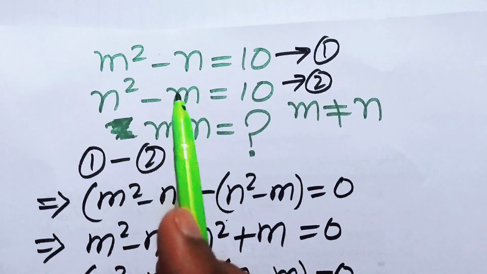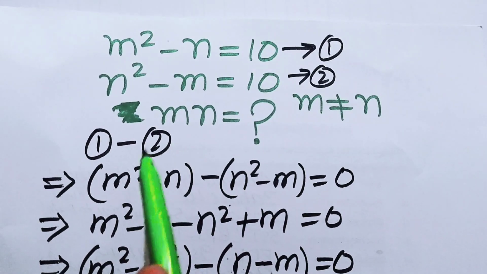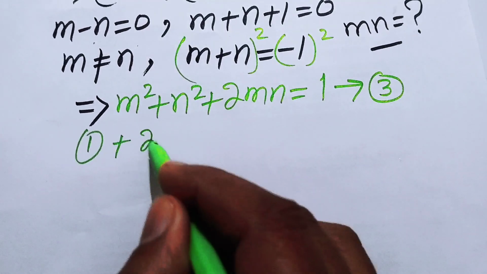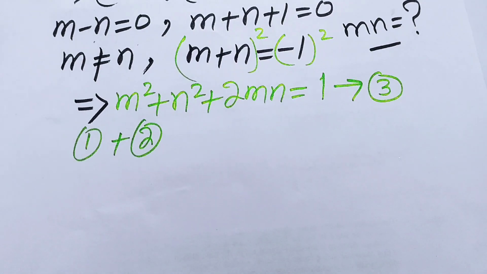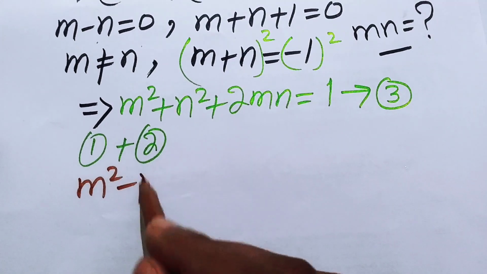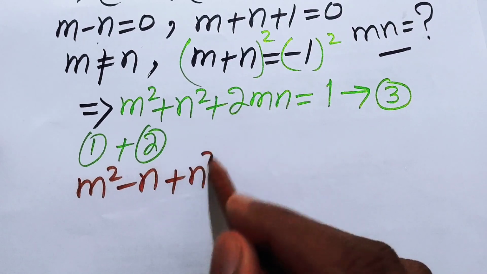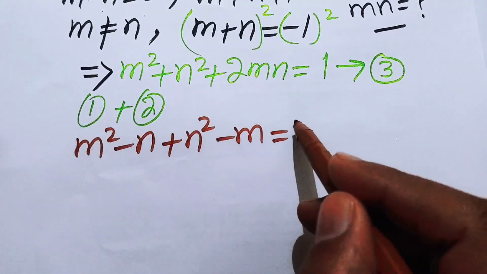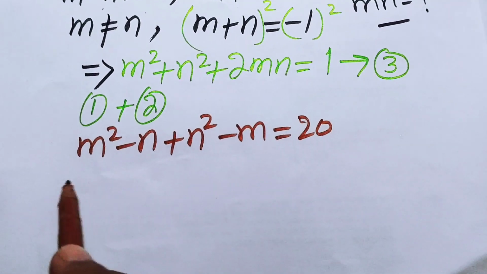Now we focus on equation number 1 and equation number 2 again. You see that equation number 1 is m square minus n equals to 10, and equation number 2 is n square minus m equals to 10. In the first case we subtracted 1 and 2, but here we add equation number 1 and equation number 2. When you add them, you obtain m square minus n plus n square minus m equals to 20, because here we have 10 plus 10, and when we add these two you get 20.